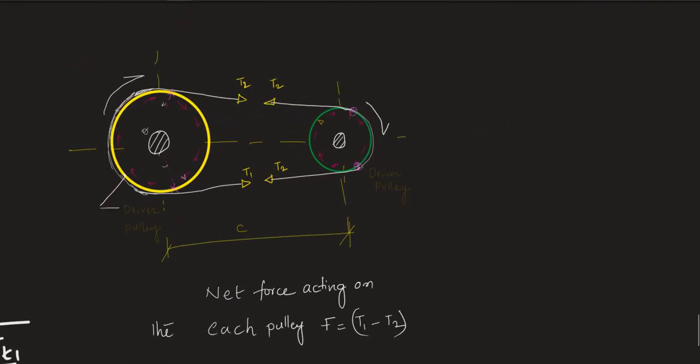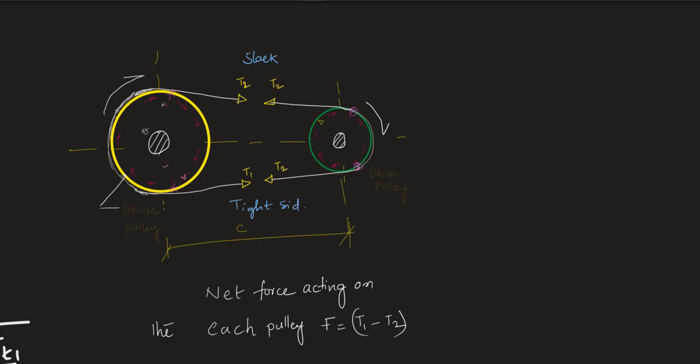To explain that, here you can see we can refer to a force diagram of a belt and a pulley. This one is the slack side and this one is our tight side.